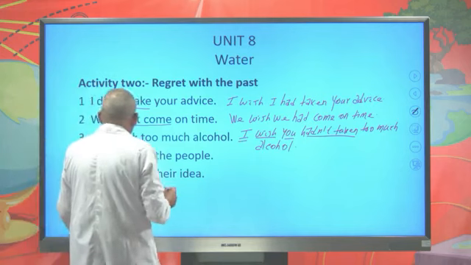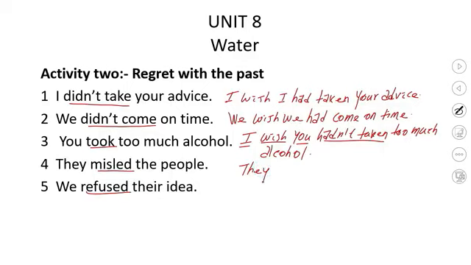Okay, so they wish they hadn't misled the people. That is the form. Have you done like this? That's interesting. Good.